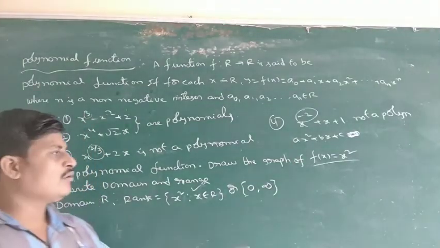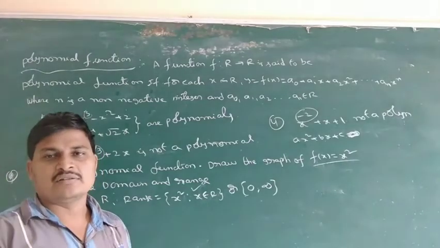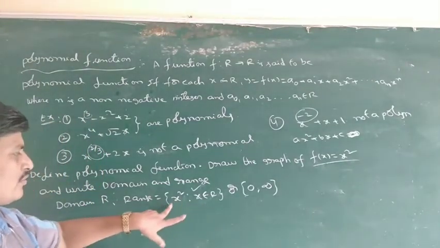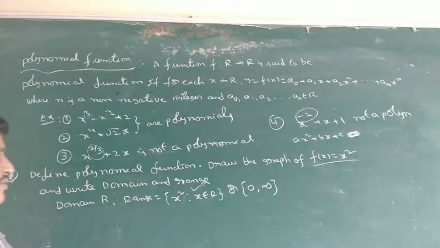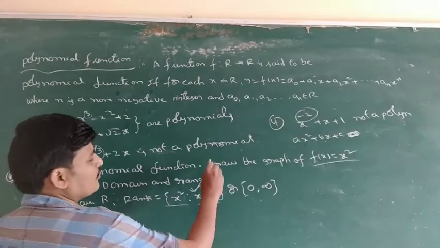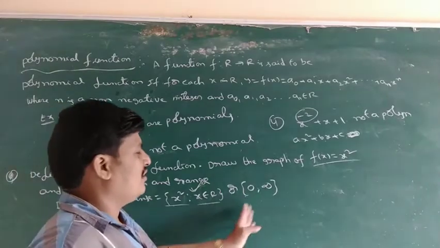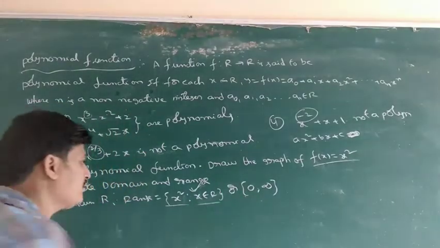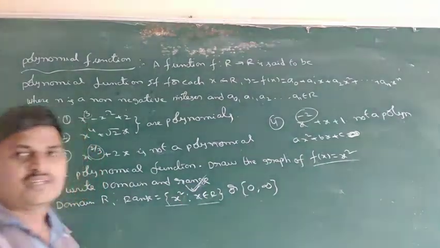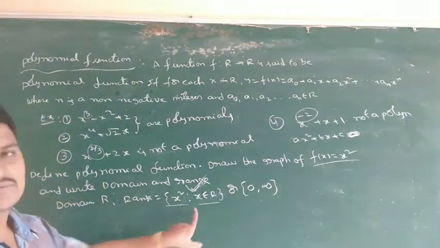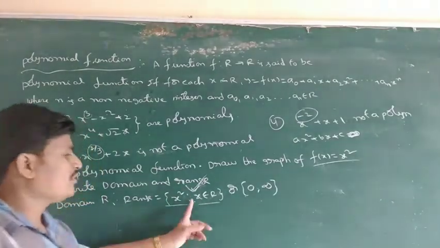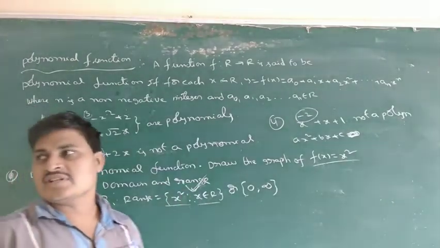You don't know which type of values will come, 1 square, 2 square, root 2 whole square, root 3 whole square, so anyone. So this is the textbook notation, or any other notation. Okay, 0 to infinity, we can write safely. This is the textbook notation.